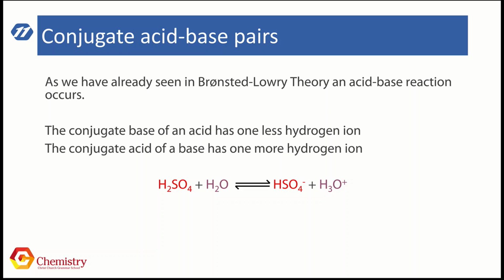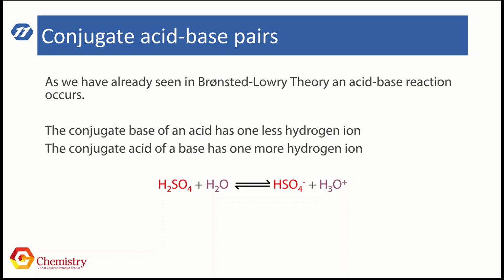That must mean that H3O+ is the conjugate acid of H2O. So when we talk about conjugate acid-base pairs, the species basically either goes up by one hydrogen or down by one hydrogen, and that's what you are looking for when you're asked to identify conjugate acid-base pairs.